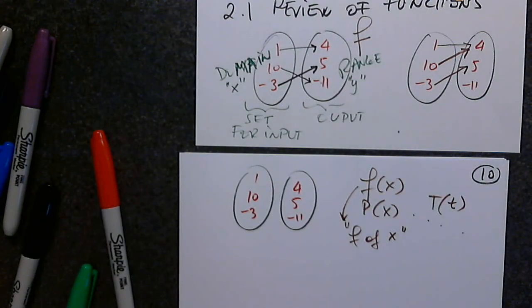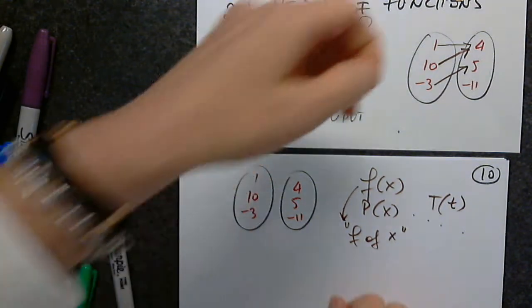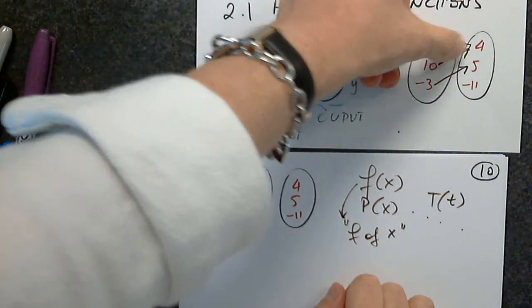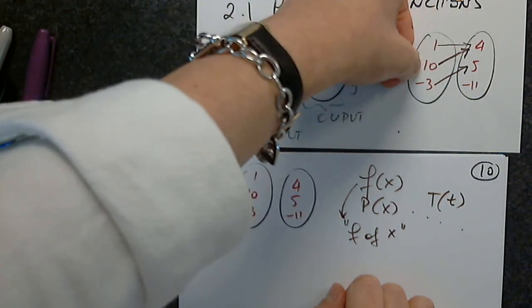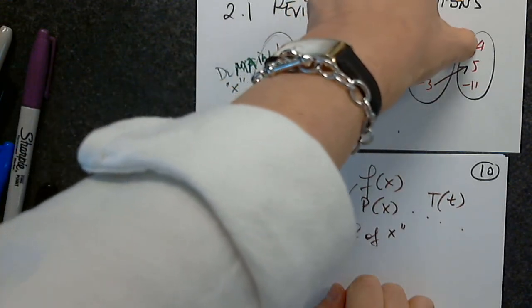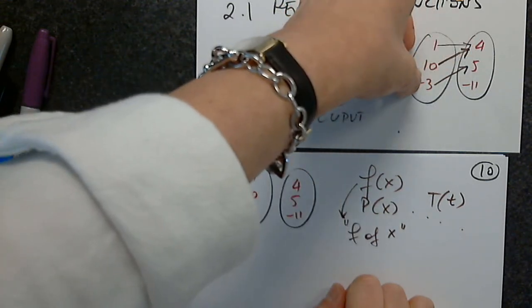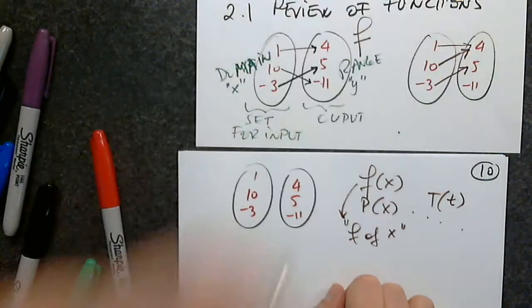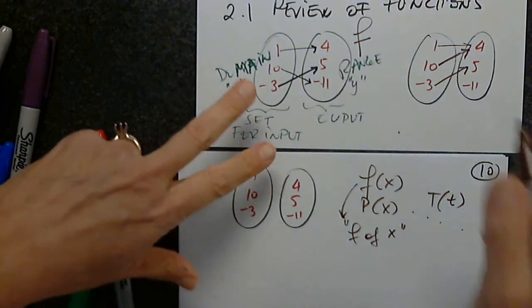Is this a function? No. It shares the same. Okay, so let's do this again. Each x corresponds to only one y. Is this a function? It is a function.